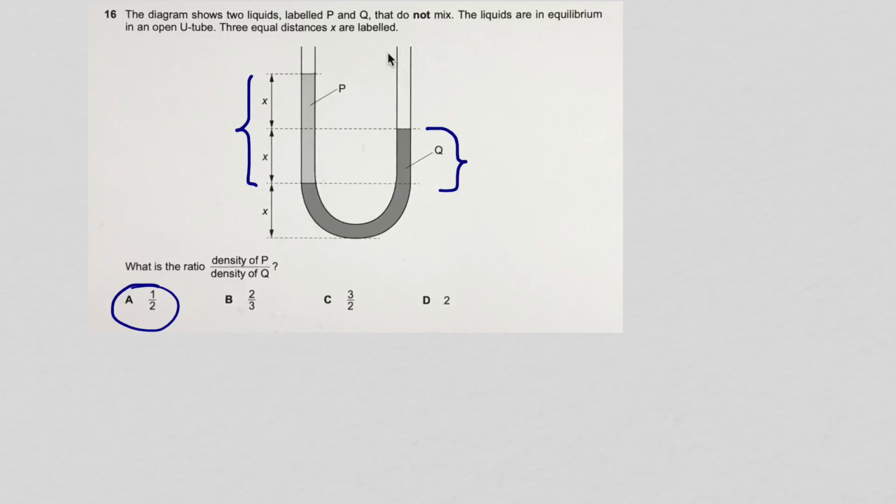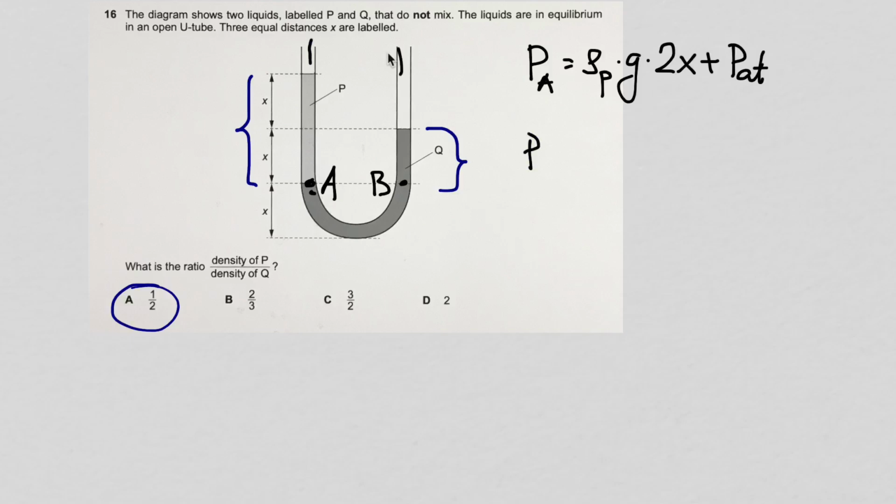To do that, we have to choose two points. Here, let's call it point A, and the point here, let's call it point B. Then we will write the pressure expression at point A being density of P, times g, the gravitational constant, times the height of the liquid, which is 2x, plus atmospheric pressure coming from here.